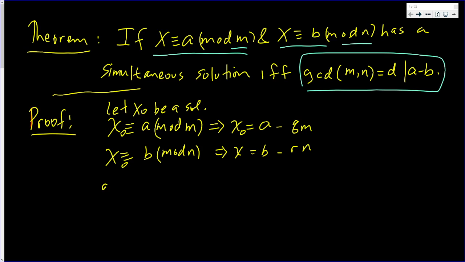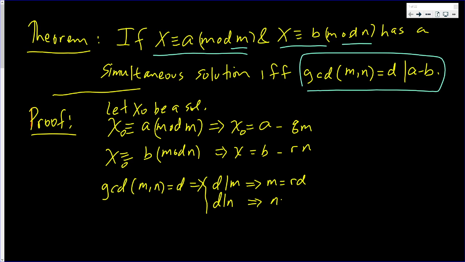Now, the GCD of m and n equaling d implies that d divides m and d divides n. Not exactly sure how much I'll need from here, but this means that m is, say, Rd and n is Sd.